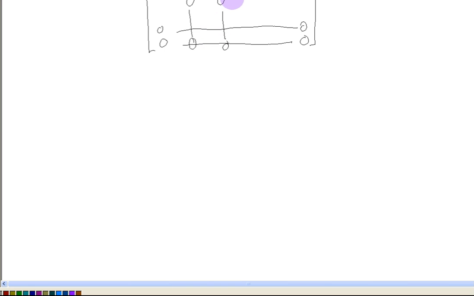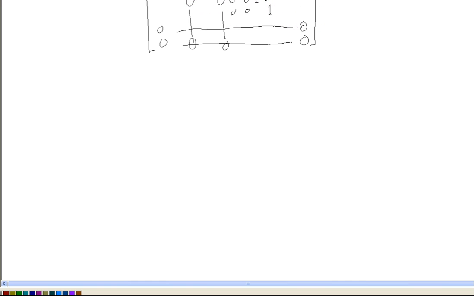So for instance, I could have a first entry here, and these could be anything, because once I have my first non-zero entry, everything is fine. These have to be zeros. These have to be zeros. And just go on like this.